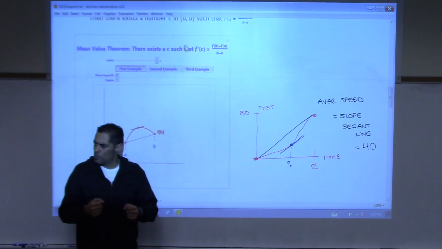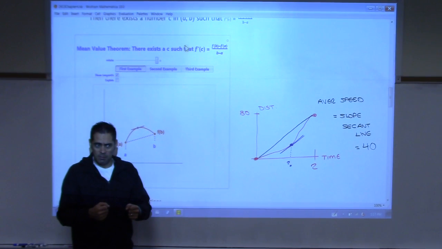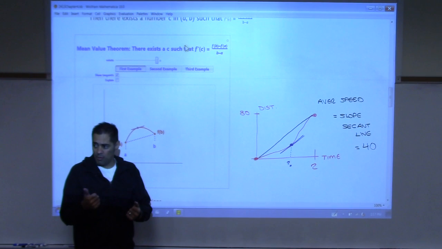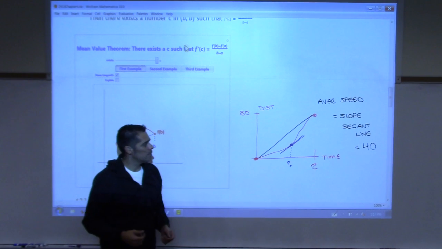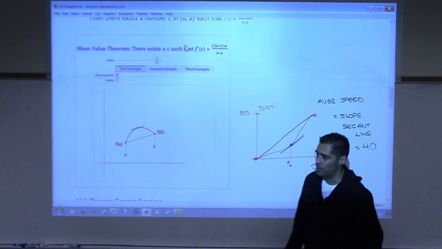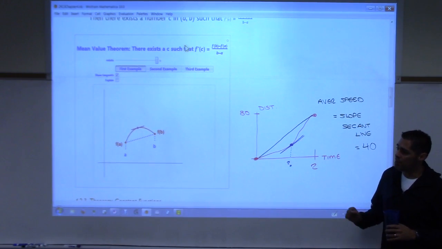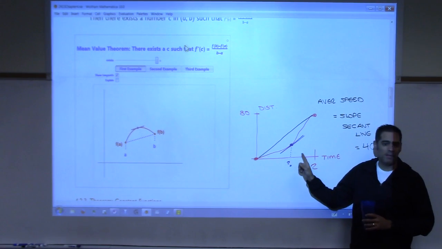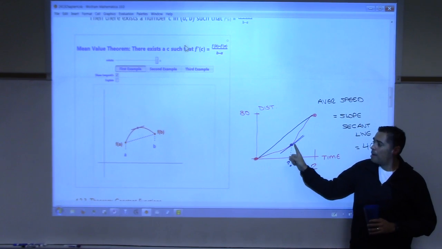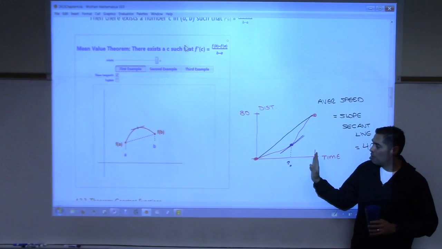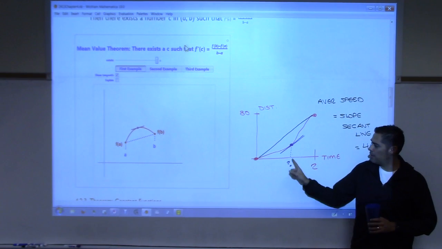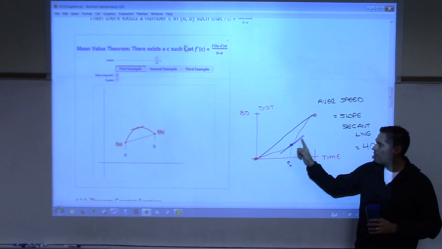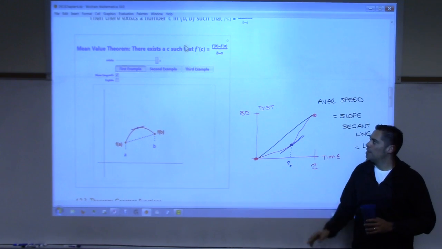At some point while you were driving, you had to have gone your average speed. Can you have multiple? Yes, you can have multiple. But the mean value theorem guarantees one. And also notice that the mean value theorem guarantees that it's going to happen inside. It is not going to happen at the endpoints. That's also key.